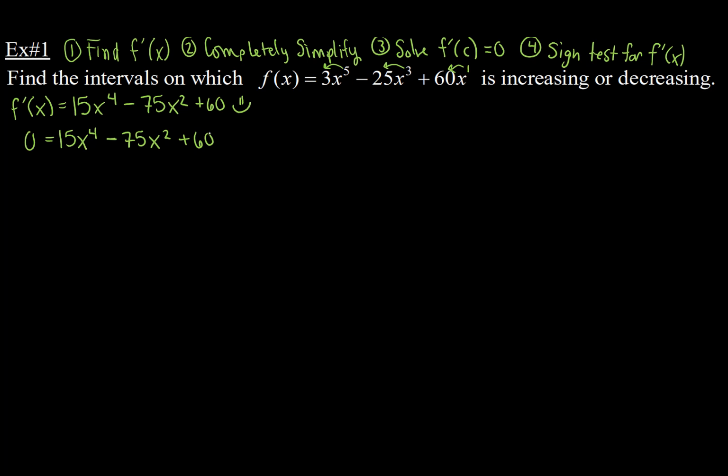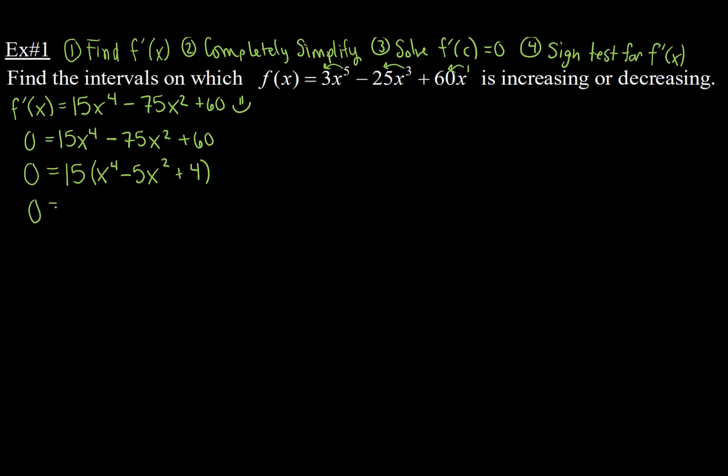Now, if I think about my arsenal of pre-calculus skills, in order to solve this, it's not linear, so I can't just subtract 60 and do stuff. I have to keep it equal to 0, and then I need to factor it. So the first thing I'm going to do is take out that 15. So I'm going to have x to the 4 minus 5x squared plus 4.